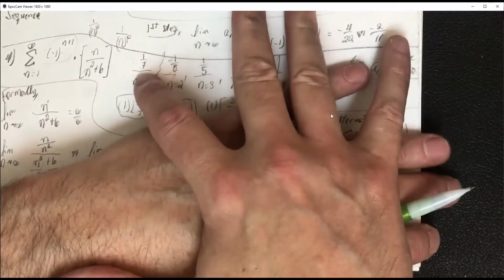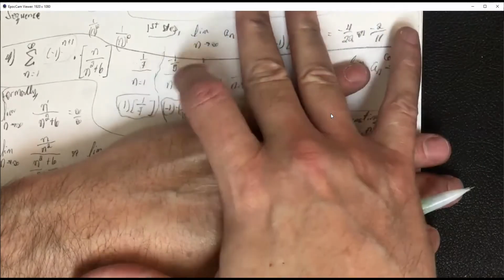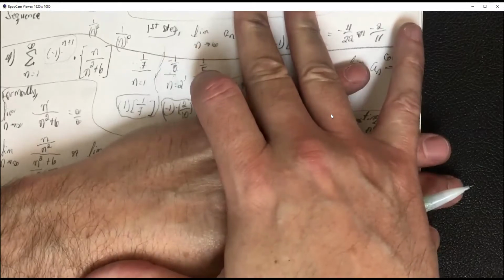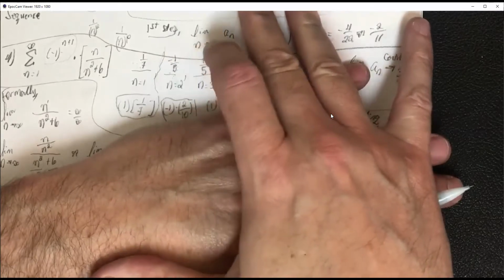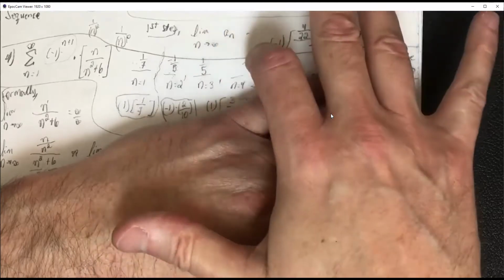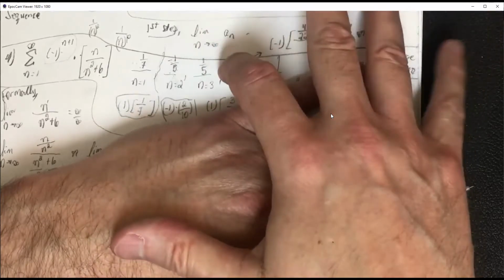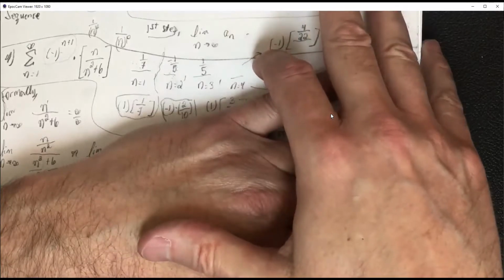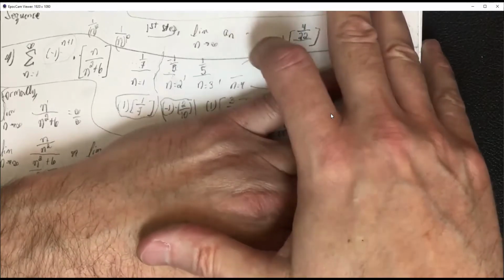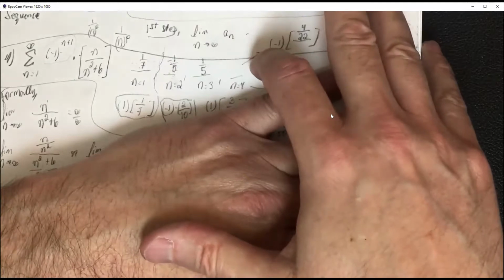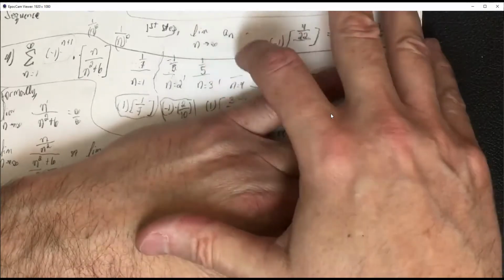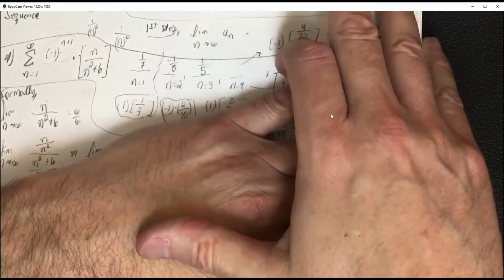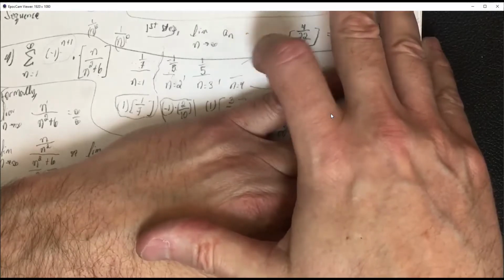The first term was actually smaller than the second term, and that's not supposed to be that way. And then maybe the fifth term was bigger than the fourth term. Well, that's not what we want. We want the fifth term to be smaller than the fourth term, right?